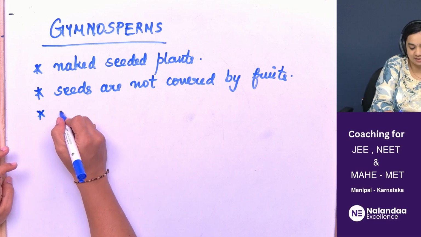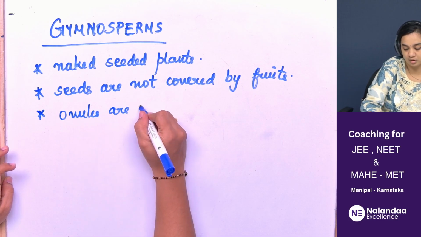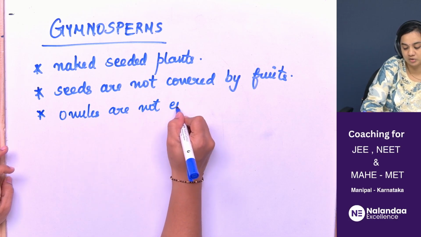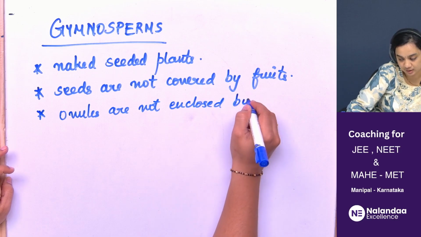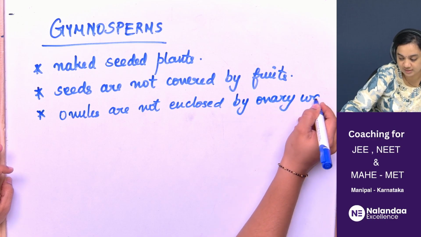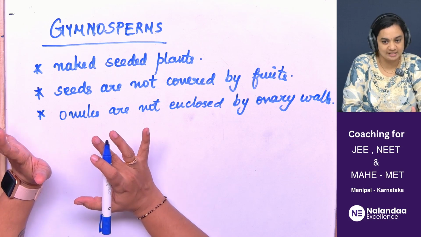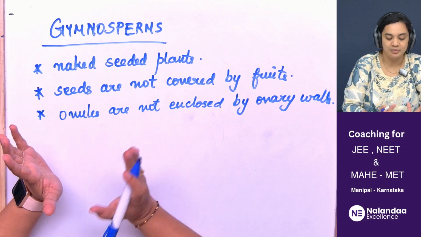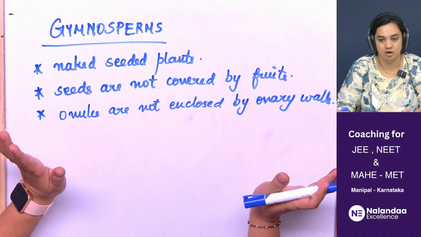That is because the ovules are not enclosed by ovary wall. So, both before fertilization and after fertilization, the seeds and the ovules are not covered by an ovary wall or a fruit wall.